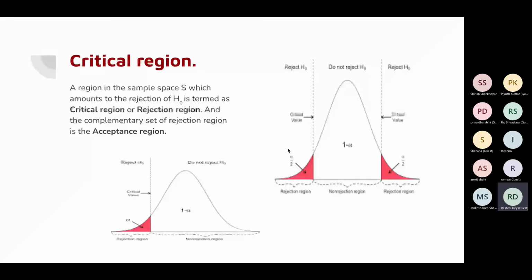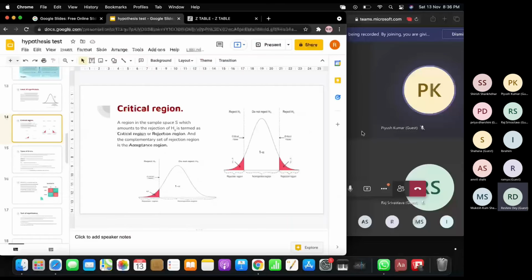Here we reject our null hypothesis, and the region complementary to our rejection region is known as the acceptance region, which is denoted by 1 minus alpha. So if alpha is given as 5%, my acceptance region will be 1 minus 5, that is 95%. Is it clear, the critical region and acceptance region?